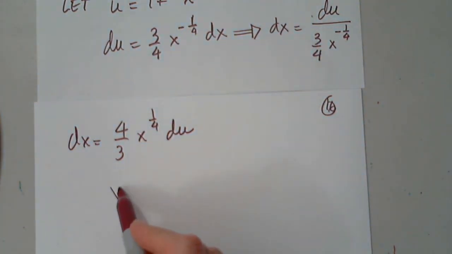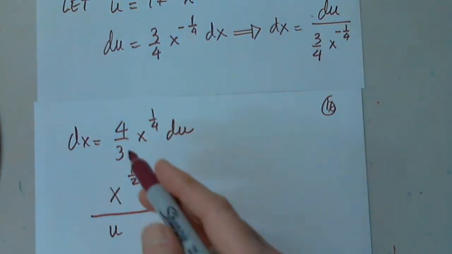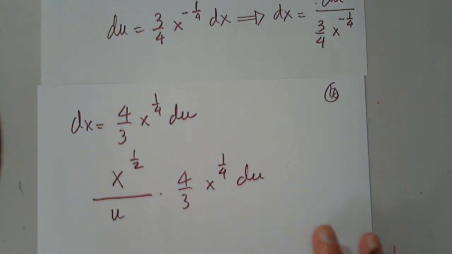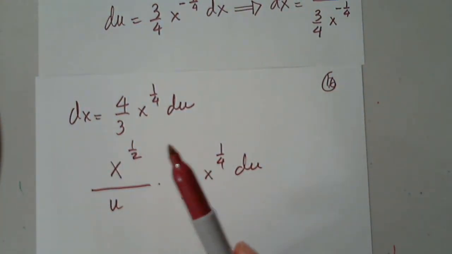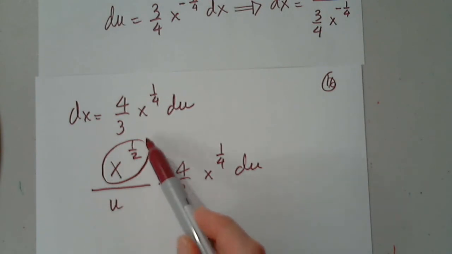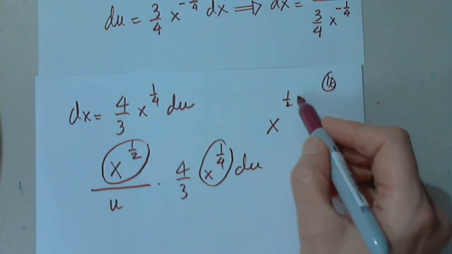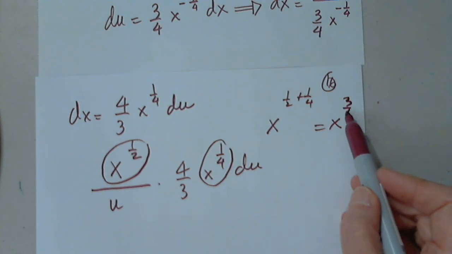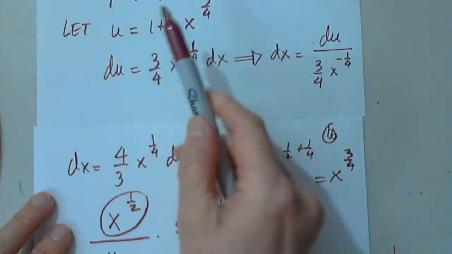So the function is now x to 1/2. The denominator will be replaced by u. dx will be replaced by 4/3 x to 1/4 du. That's why I don't even want to put it in an integral because that's not legit. And you see what happens? When we multiply these two, we copy the base and we add 1/2 to 1/4, and that is x to 3/4. And the x to 3/4 is u minus 1.